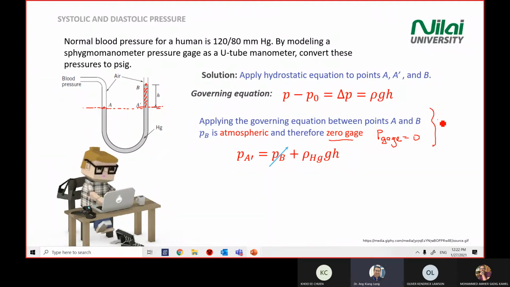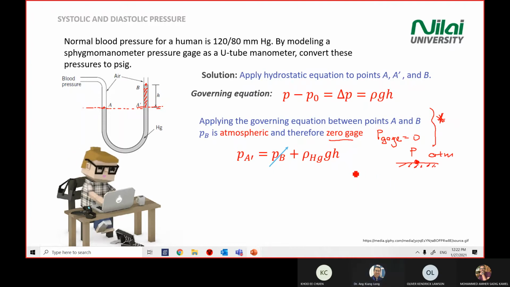This is a very powerful statement. It will help you simplify your calculation in future. As long as the surface is exposed to atmosphere, the gauge pressure at that particular point will be 0.